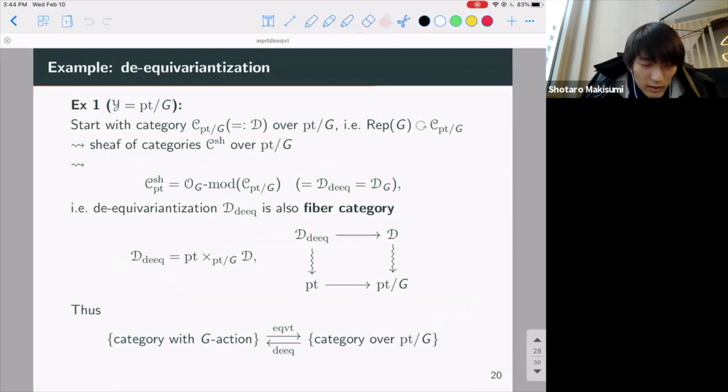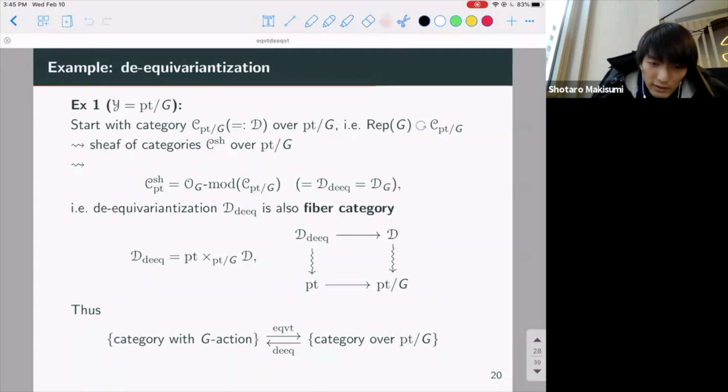But the first example: if you take Y to be point mod G, then this construction exactly gives you the de-equivariantization that we saw earlier in the context of finite groups. So if I call my original category D, then let me now use a new notation, D sub de-eq.